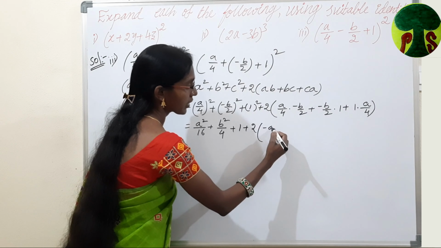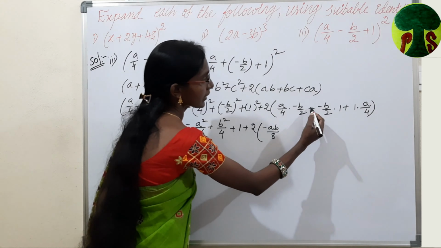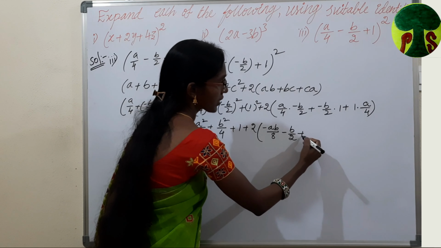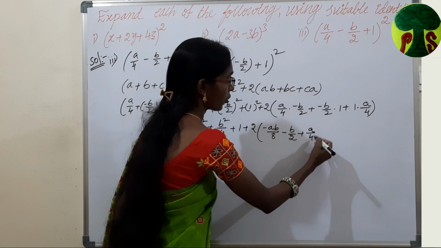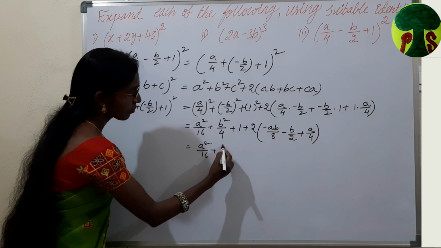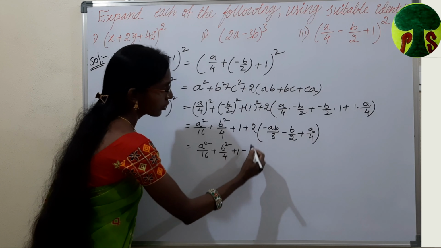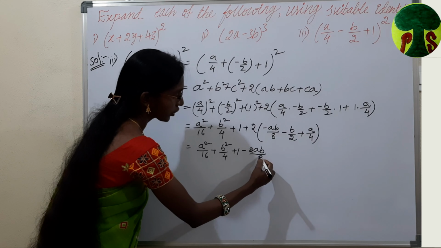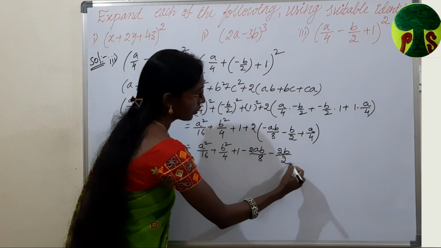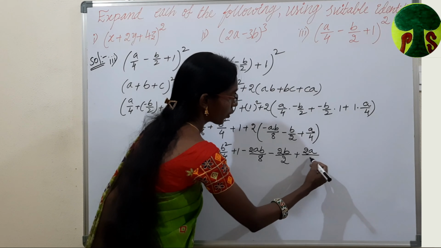here minus is there, so minus ab by, we have to multiply the denominators, 4 into 2, that is 8, plus into minus, minus b into 1 is b by 2, plus 1 into a is a by 4, which is equal to a square by 16 plus b square by 4 plus 1 plus into minus, minus 2 into ab by 8, plus into minus, minus 2 into b by 2, plus into plus is plus 2 into a is 2a by 4.